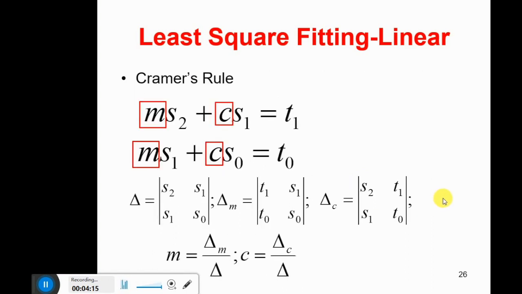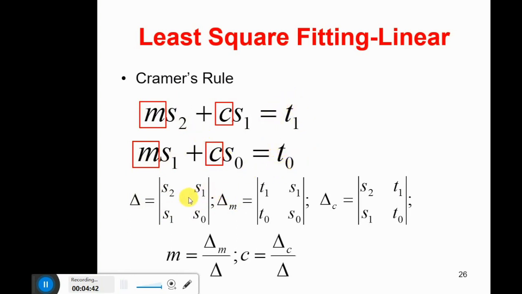And in calculus we have Cramer's rule, where we can write delta for the equation. So for writing delta, you are considering S2, S1, S1, S0. So this is the first determinant, delta. For finding delta M, you have to replace this first column by T1 and T0.